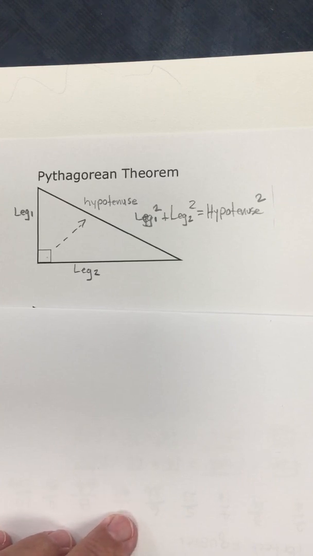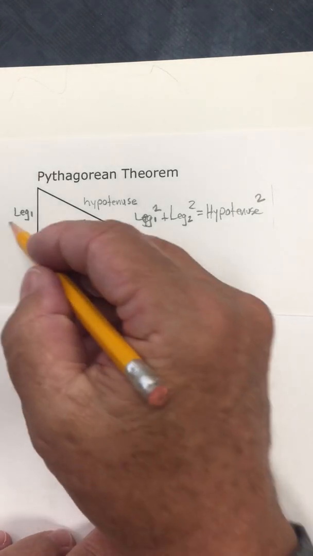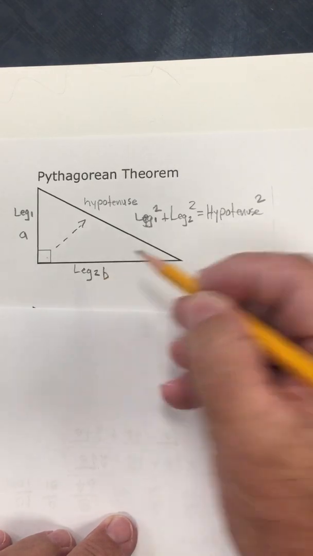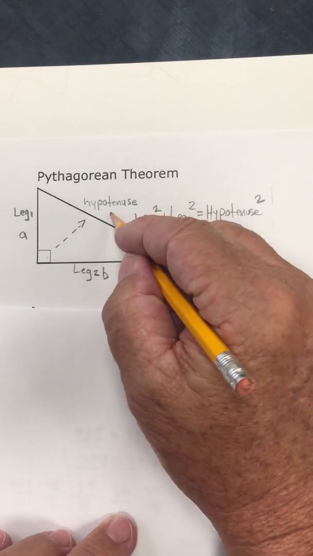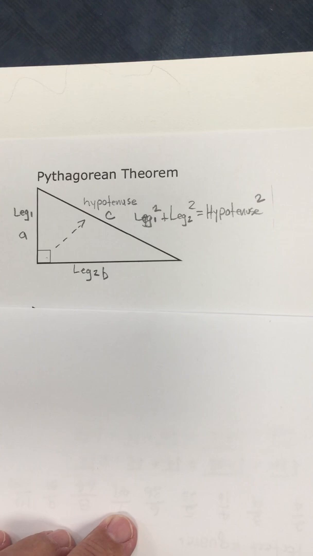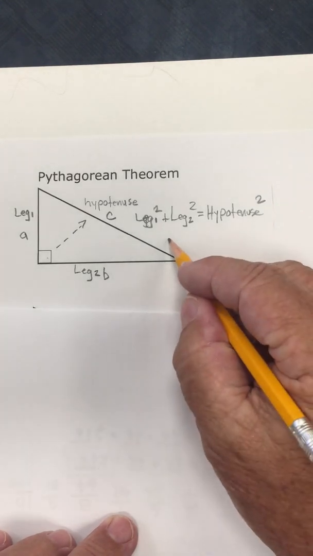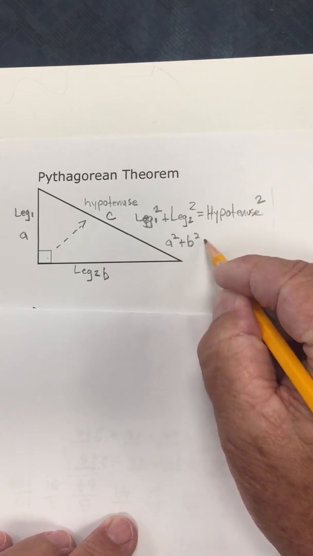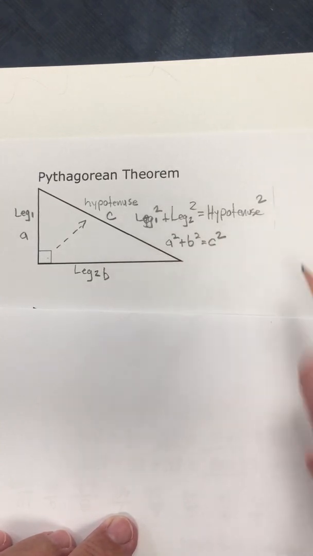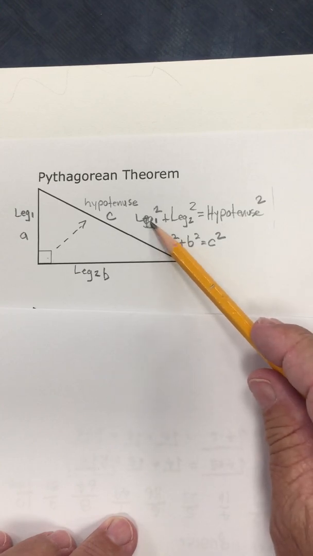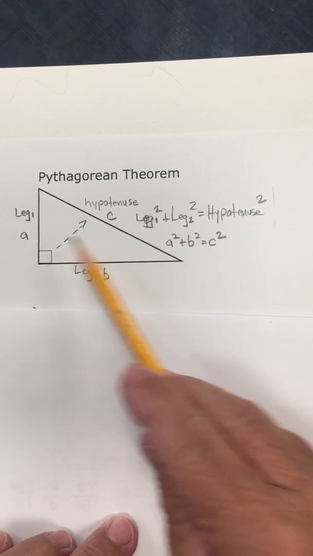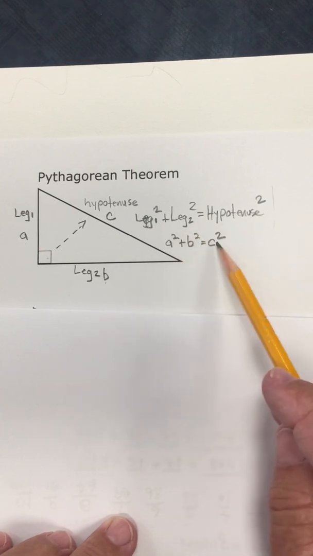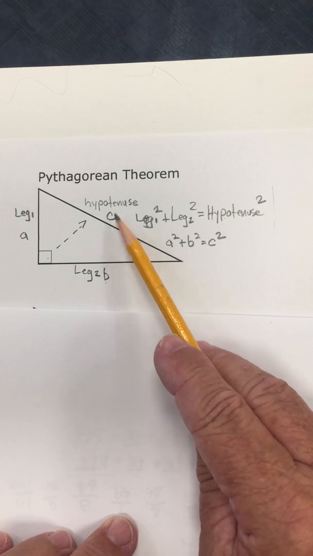So in the book, it gives you A, B, and C. Leg 1 is A, leg 2 is B, and the hypotenuse is C. Simple enough. And our new formula is A squared plus B squared equals C squared. Notice that leg 1, A squared, we get from here. B squared is leg 2, and C squared is our hypotenuse squared.